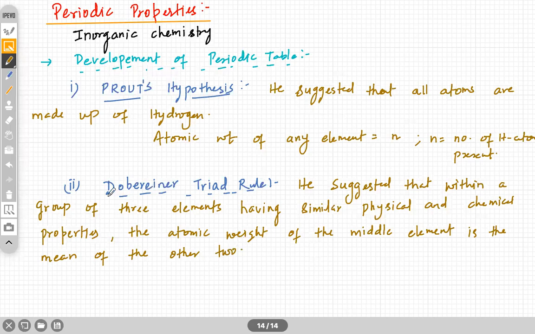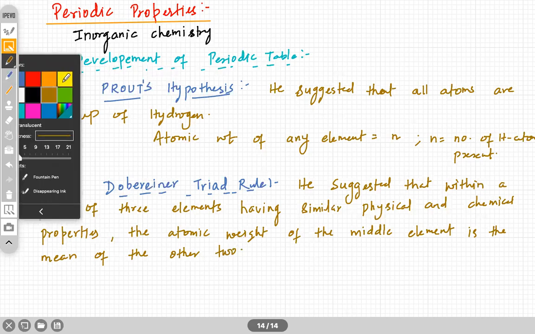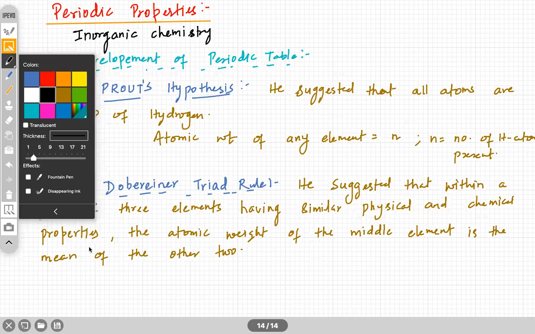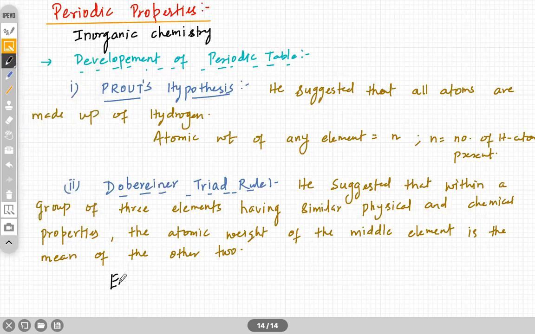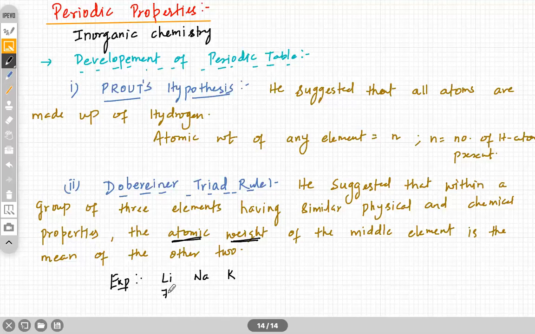Okay, for example, see, atomic weight is the concern. We have atomic weight, not number. Keep that in mind. If you take an example of lithium, sodium, and potassium, the atomic weight of lithium is 7 and potassium is 39.